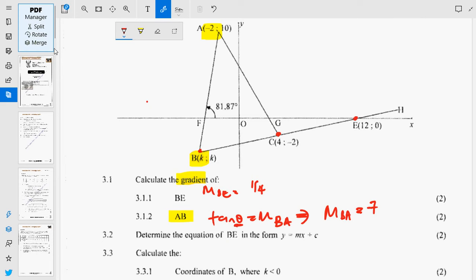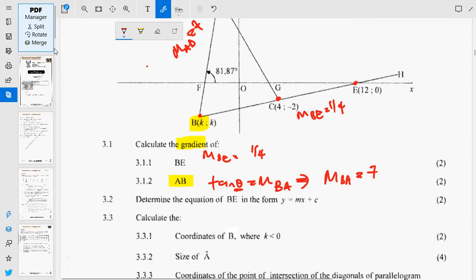Right. So let's fill in the information we have got. At the moment, we have the gradient of BE to be 1 over 4, the gradient of AB to be 7. Okay, so let's move on and see what the next question is asking us.